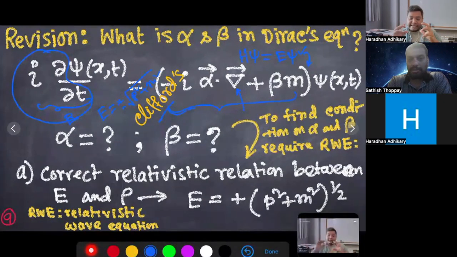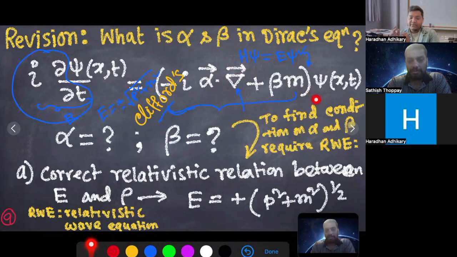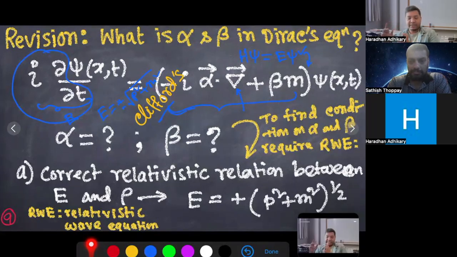That ensures that alpha and beta are not random. This was considered because of the space derivatives with respect to x, y, and z, and the phi here is a four-component spinor state or spinor field. So he needed matrices which satisfy all these possible conditions.